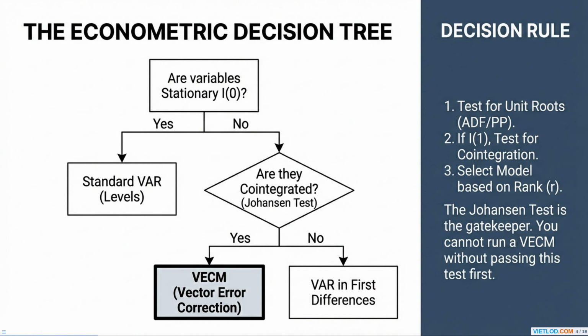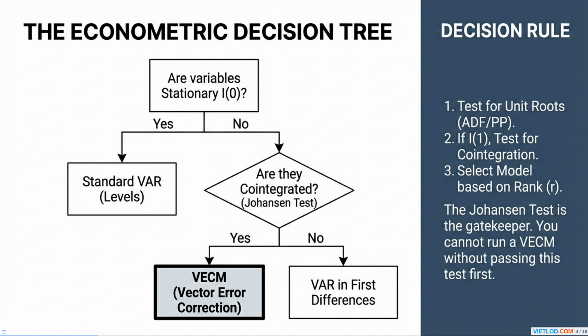The first step is always to test for unit roots using tests like the ADF, or Augmented Dickey-Fuller, or Phillips-Perron test. We need to determine if our variables are stationary, I(0), or non-stationary, I(1). If all variables are stationary at levels, I(0), we can proceed with a standard VAR, or vector autoregression, model in levels.